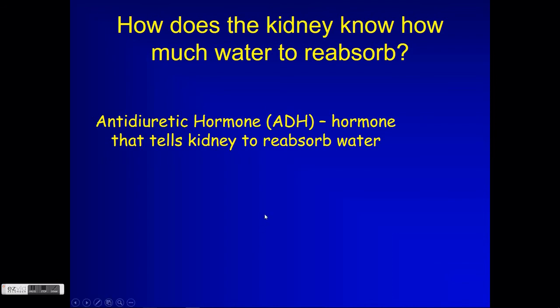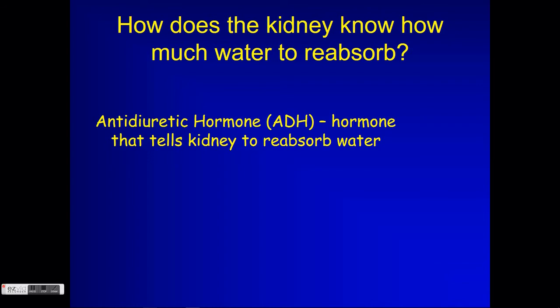The way the body knows how much water to reabsorb is through the action of a hormone called ADH, or anti-diuretic hormone. This hormone tells the kidney to reabsorb water. So let's pretend for a moment that you've been exercising a lot, you're sweating a lot, it's a hot day, and you've been losing a lot of water through your sweat glands.